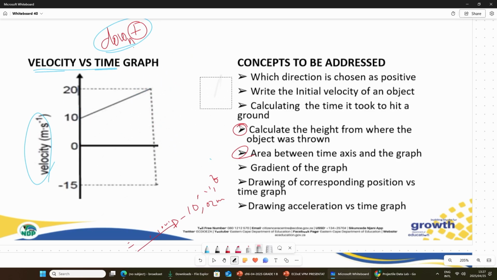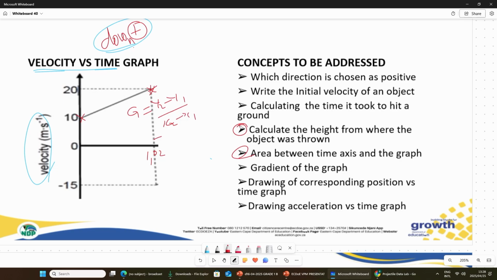If we are to find the gradient of the graph, let me use a different color. This one is our point number 1, then this one is our point number 2. Here we have the time. As you know, the gradient is given as y2 minus y1 divided by x2 minus x1.